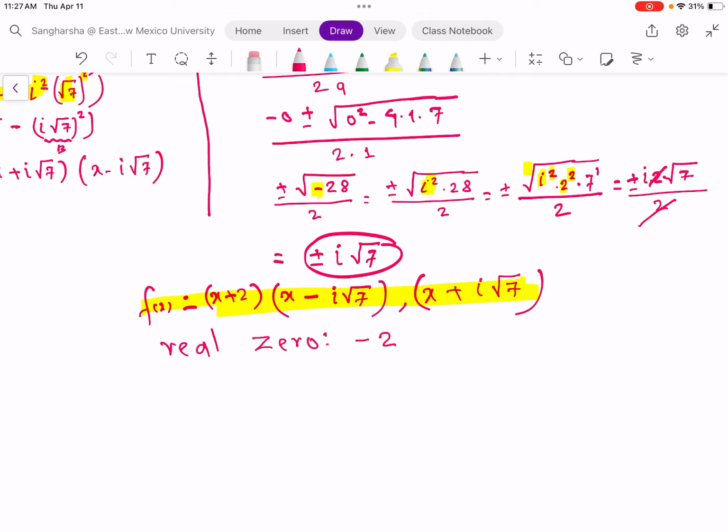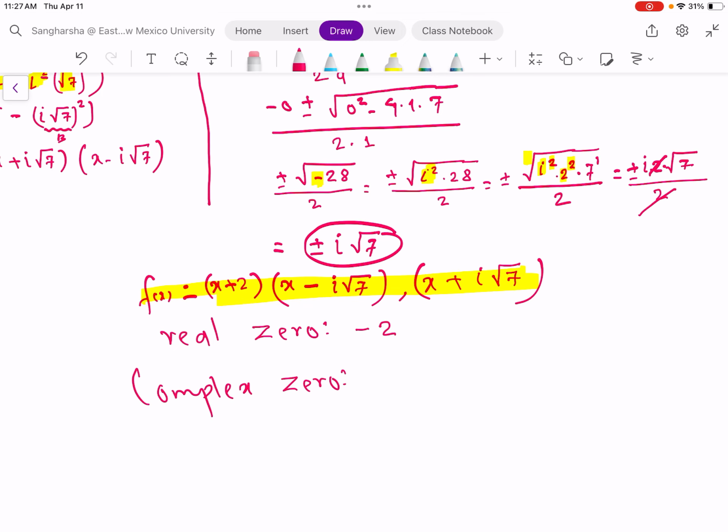Do we have any other real zero? Now we do have complex zeros. Can you give me a complex number which makes this function equal to 0? How can you make this expression equal to 0? What should x be? x should be i times the square root of 7, right?